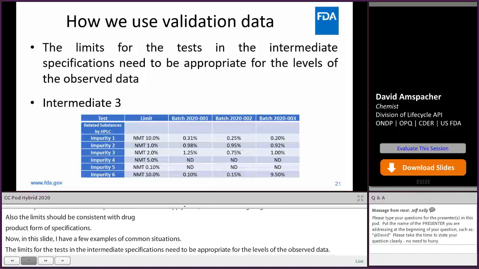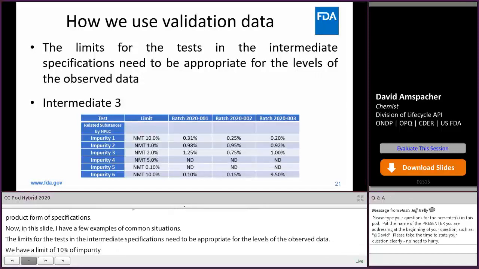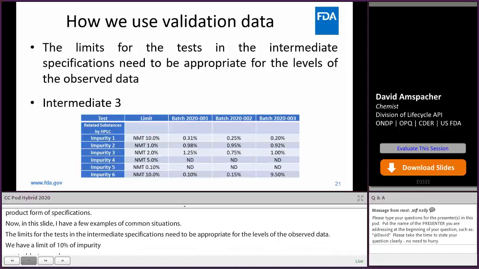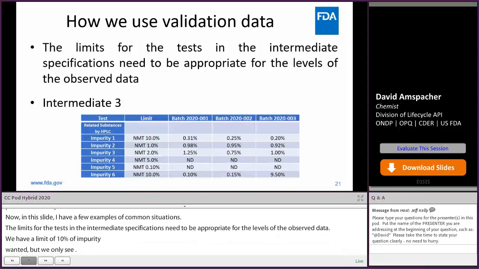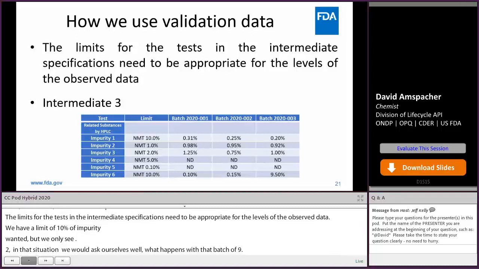We understand that you want to have as much flexibility in your process as possible, but in this situation, we would ask ourselves, well, what happens if there's a batch with 9.5% of impurity 1? Will the process be able to purge that much of the impurity? We really don't know. On the flip side, we do not want to box you in and create a batch failure because of limits that are too tight, like in impurity 2.